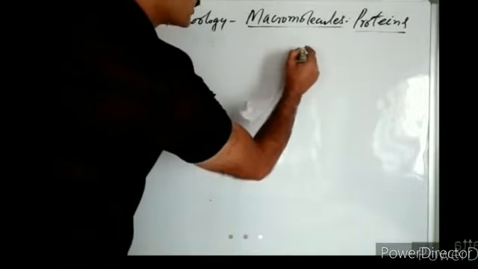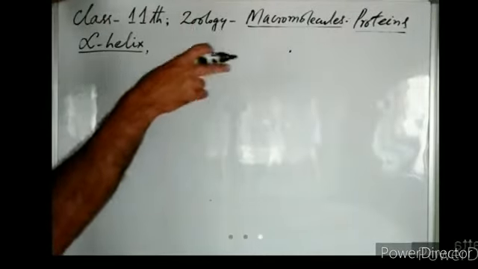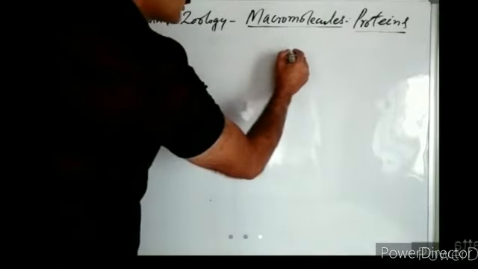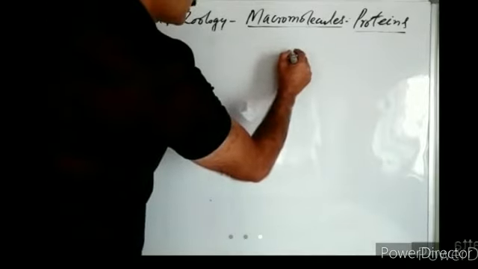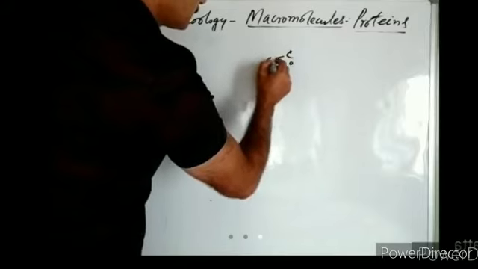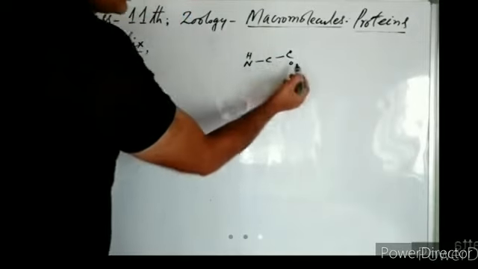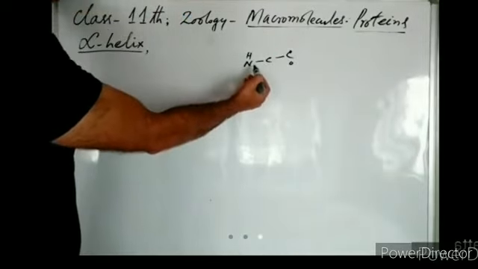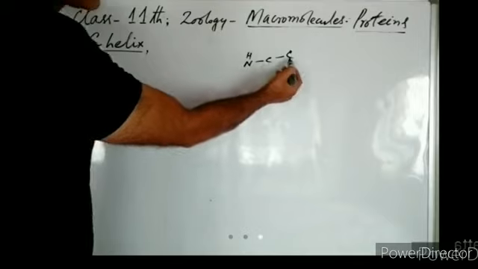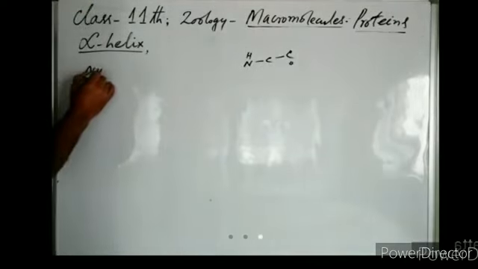Suppose this is one amino acid. Do you know what is the general formula of amino acids? NH2, C, H, R, and COOH. NH2, alpha carbon, carboxyl group. Do you remember the general formula of amino acids?